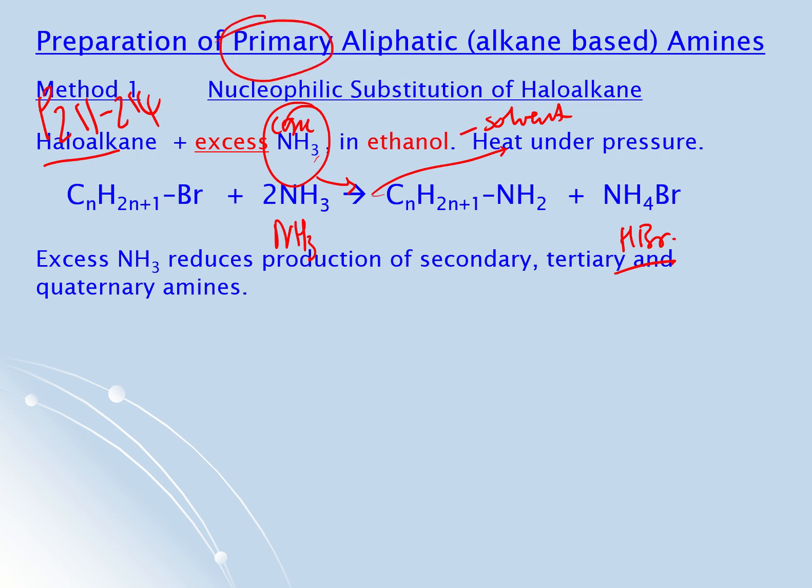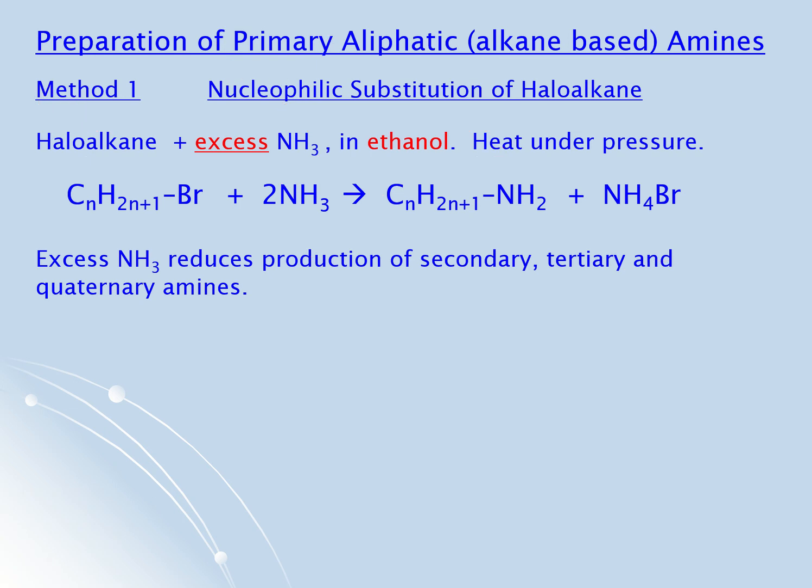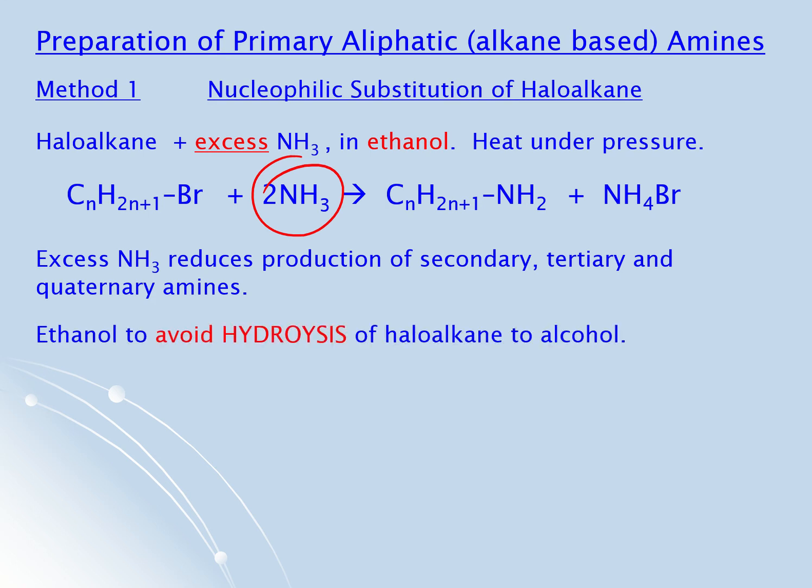So we do our best to avoid having any of the secondaries, the tertiaries, and that's the reason why we use excess ammonia. I'm not going to go into the reasons as to why that helps to avoid that. You just need to know that that's what it does. If you want to find out why, you can look that up elsewhere.